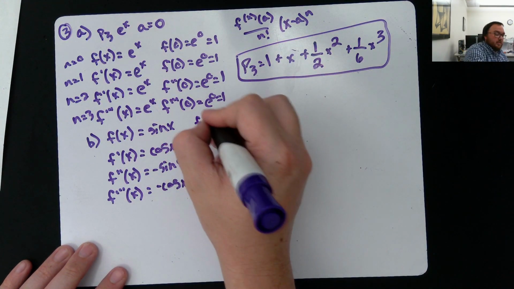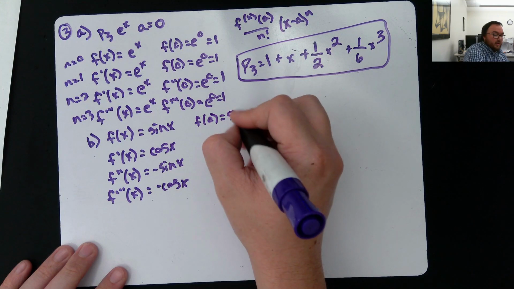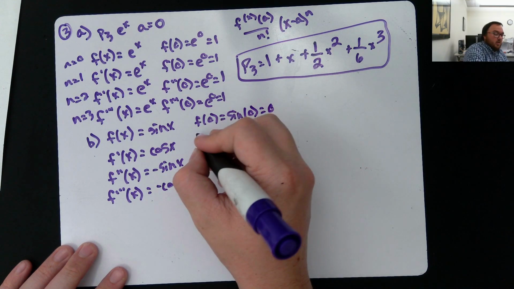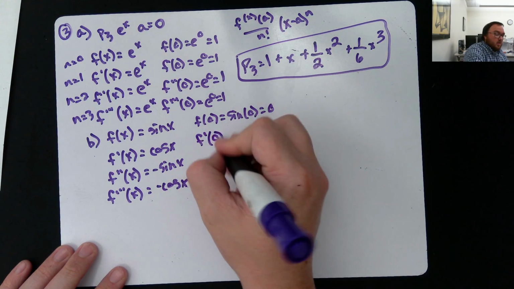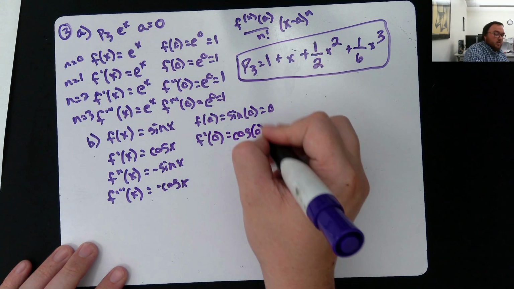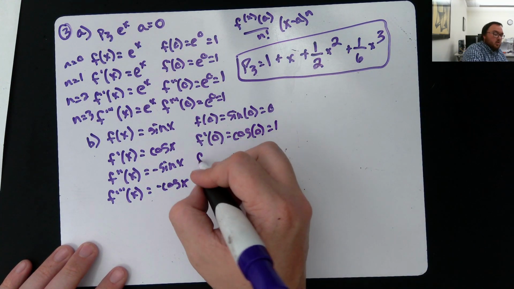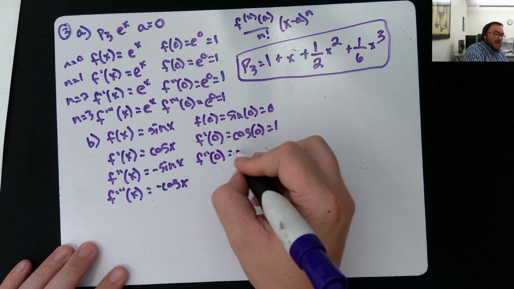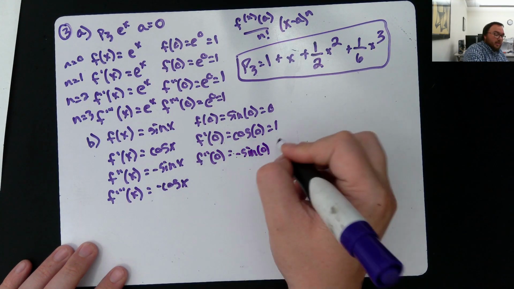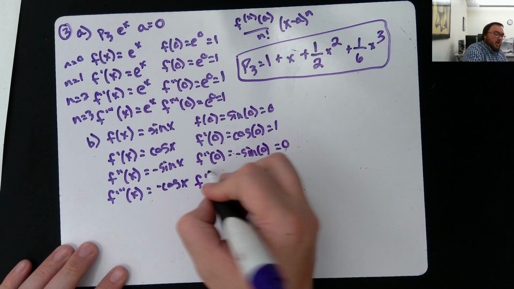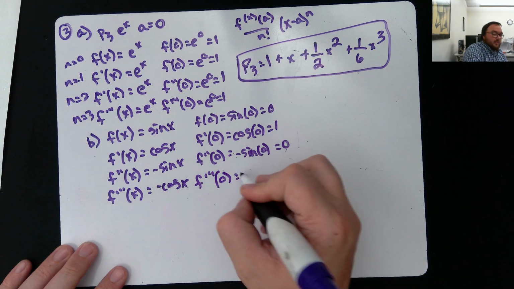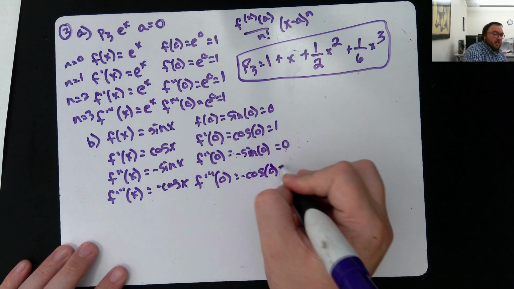Plug 0 in. Sine of 0 is 0. Cosine of 0 is 1. For the second derivative, negative sine of 0 is 0. And then negative cosine of 0 is negative 1.